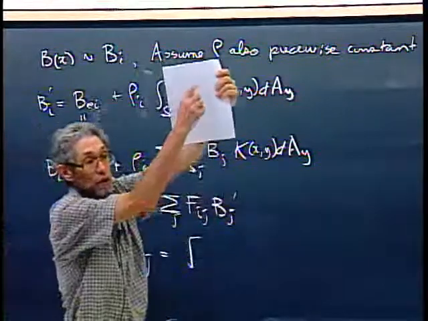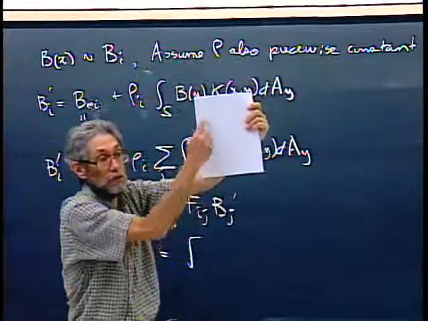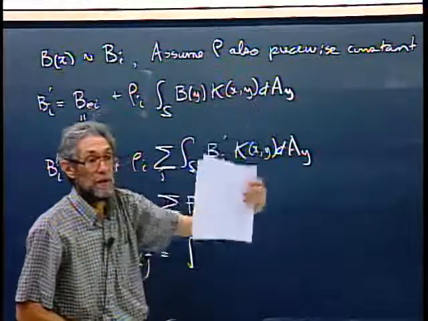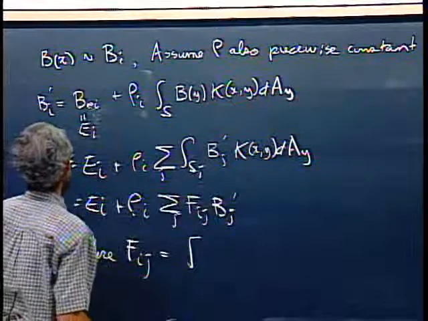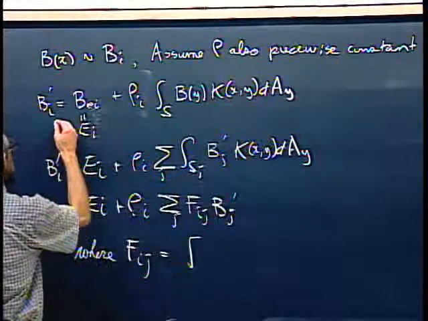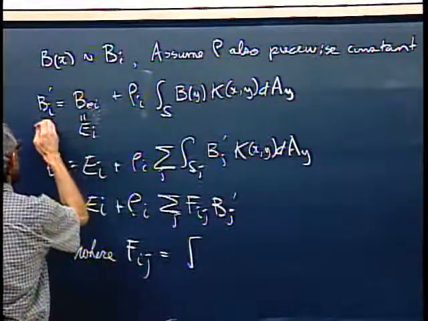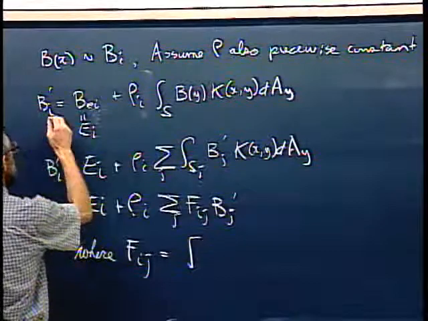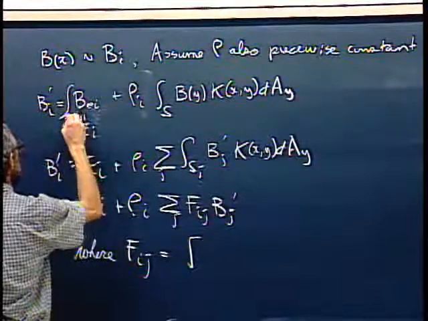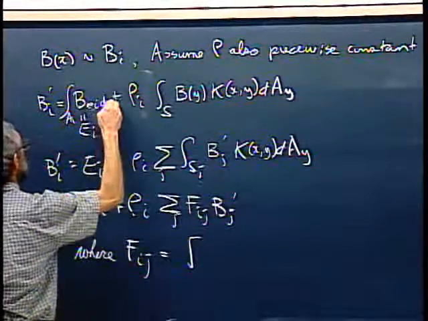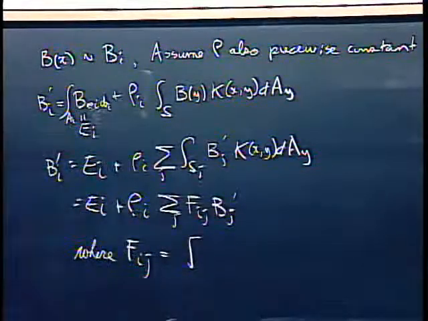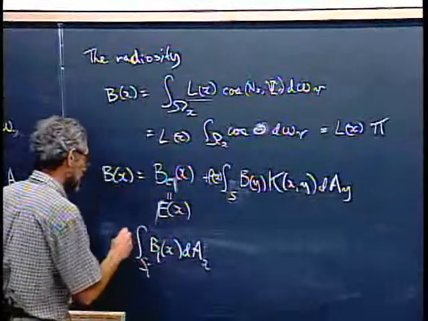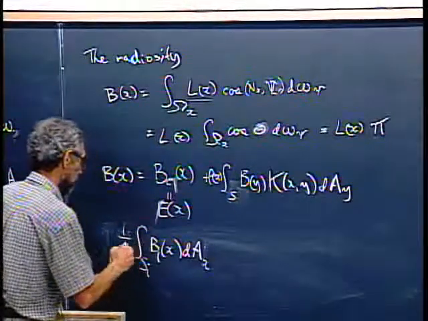So if I had a vertical thing here, the actual lighting would change. So really what I have to do here is write this piecewise constant piece. If this equation is going to make sense, this is going to be the integral over Ai dAx. And if it's the average, I made a mistake here also, because if it's the average, I have to integrate and then divide by the area.